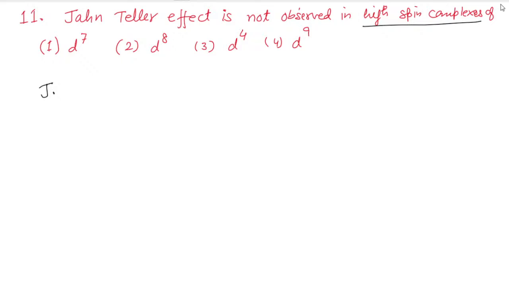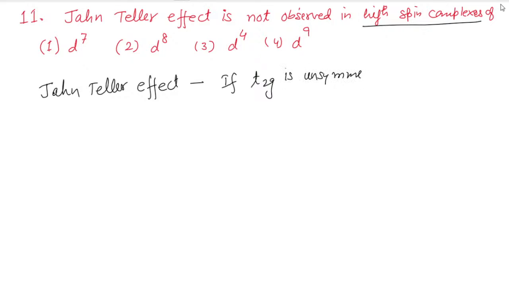Okay. Now Jahn-Teller effect. See, it is a little in your syllabus, but Jahn-Teller effect means: if T2G is unsymmetrical, then there is weak Jahn-Teller effect.